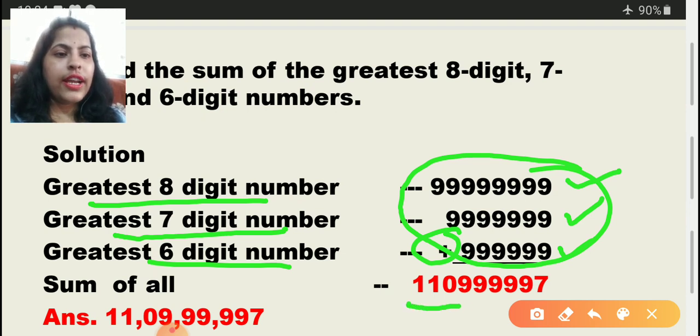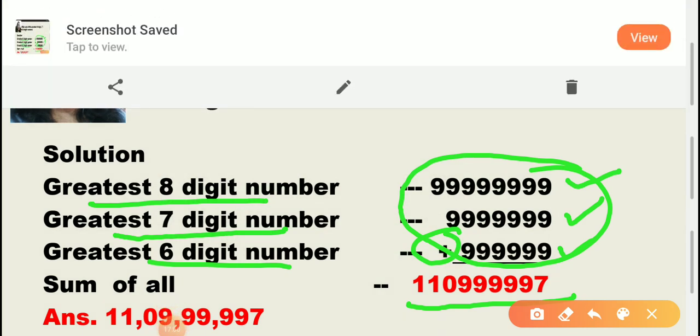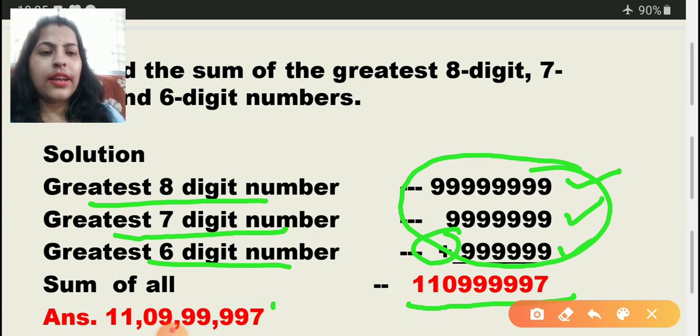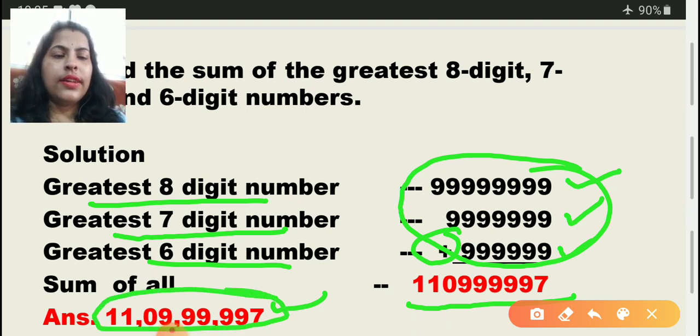Now we'll get our answer: ones, tens, hundreds, thousands, ten thousands, lakhs, ten lakhs, crores, ten crores. This is 11 crore, 9 lakh, 99,997. This is your answer, and you must put commas after writing your final answer.